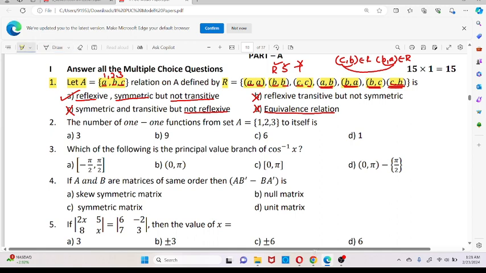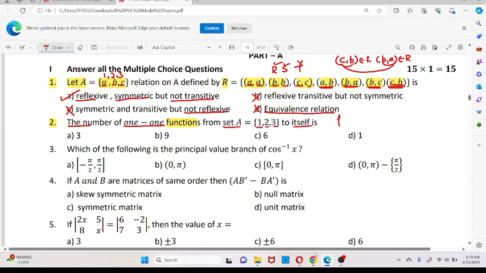We'll go for the second question, again from the same chapter. As I told you, the second question is mainly depending upon the concept of functions. In the previous question paper also I solved the same question. The question is the number of one-one functions from the set A {1, 2, 3} to itself.